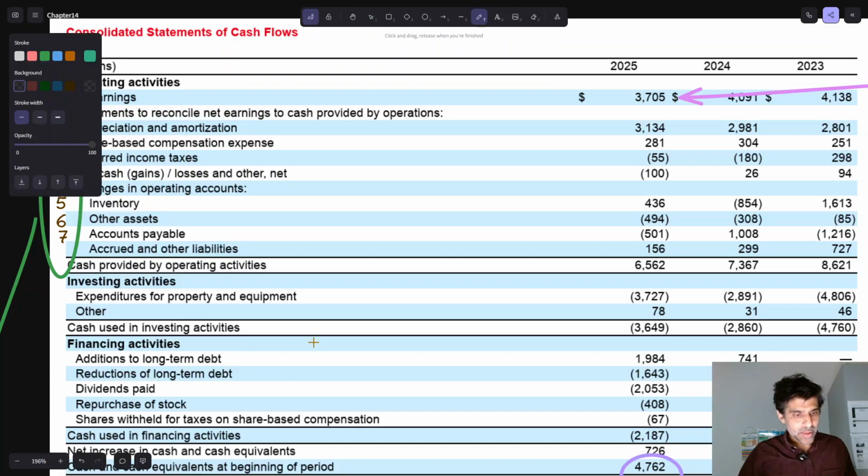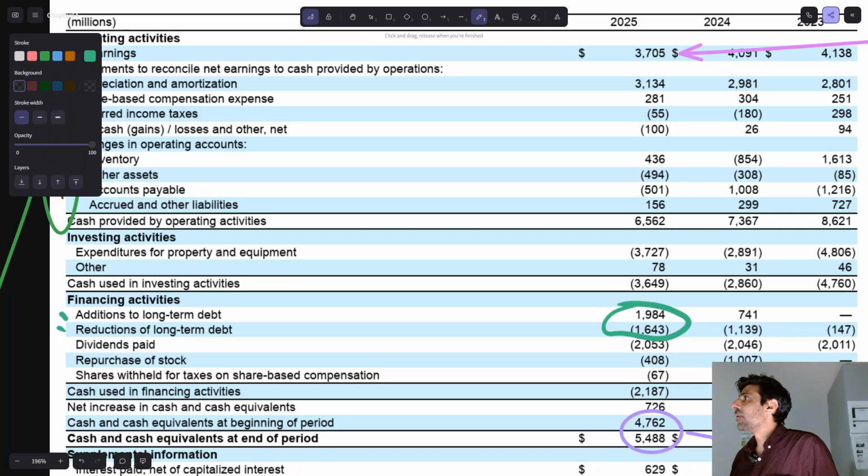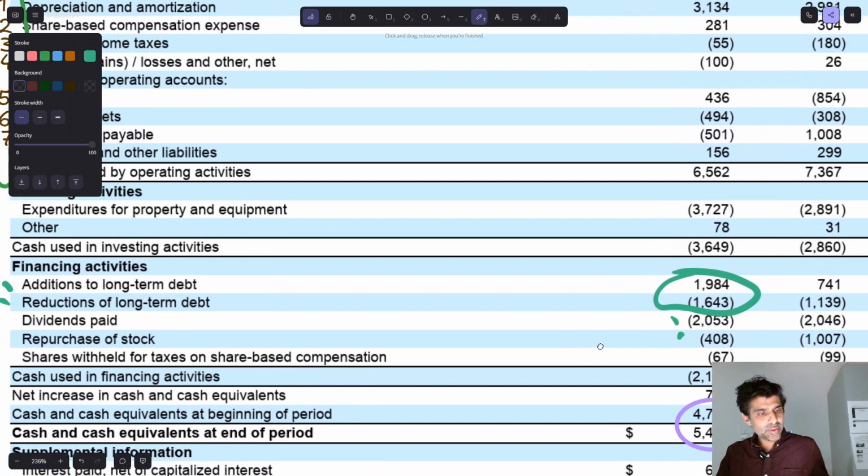Okay, and then financing activities, additions to long-term debt, reductions. You can see they're net not really increasing their borrowing. They've just refinanced to a large extent. It's almost the same, give or take 300 million. They paid out quite a lot in dividends. They also bought back some stock, 400 million.